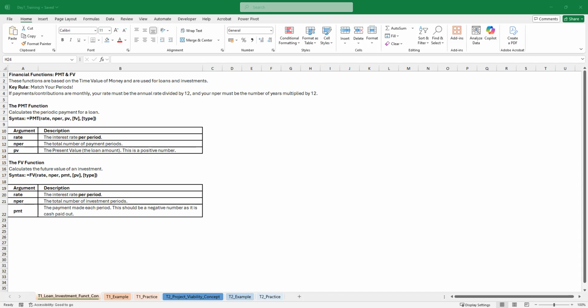Then there is something called PV, which is present value. It is the total amount of loan that you have taken. So in Excel's cash flow conventions, money you receive is positive, so the resulting payment, that is the payment you will be giving, will be negative.